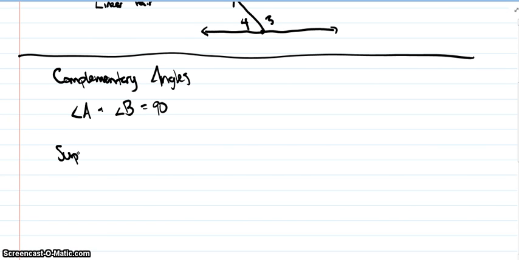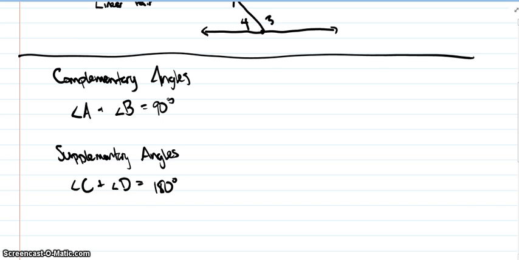Supplementary angles are angles where if you add them together, such as angle C and angle D, you get 180 degrees. So obviously 90 plus 90, two right angles, are supplementary, or one will have to be acute and one will have to be obtuse. With complementary angles, both are going to have to be acute.